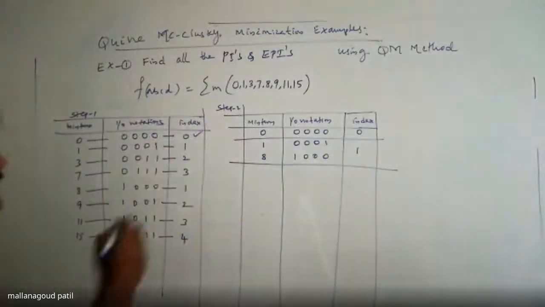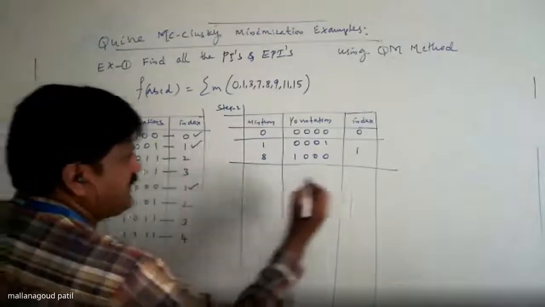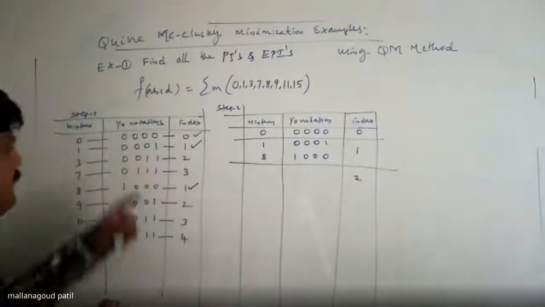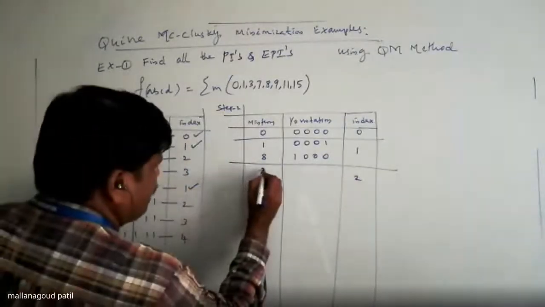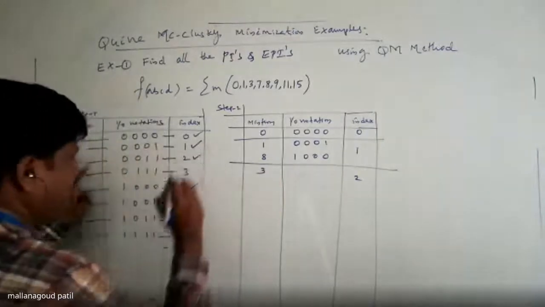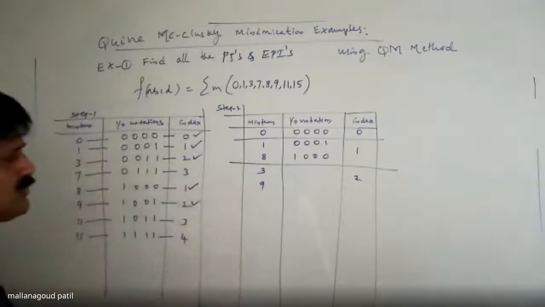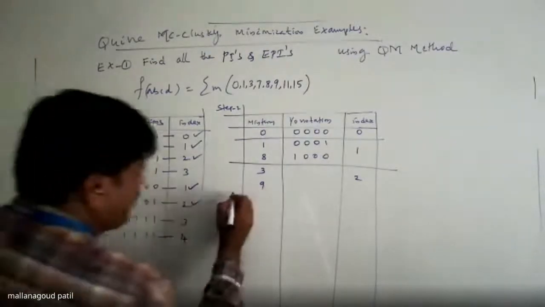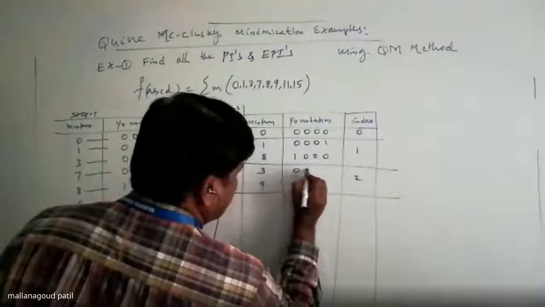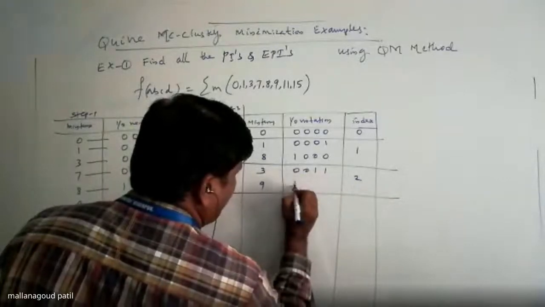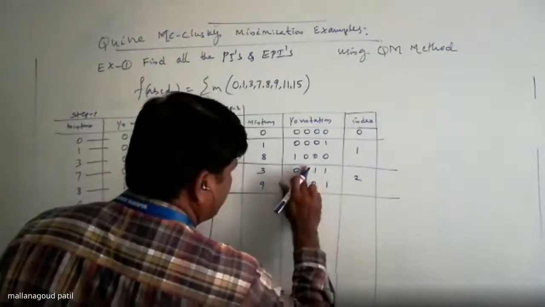The next is index 2. Index 2 will be minterm 3 and the next index 2 minterm is 9. Their representation: 3 will be 0, 0, 1, 1 and 9 will be 1, 0, 0, 1.